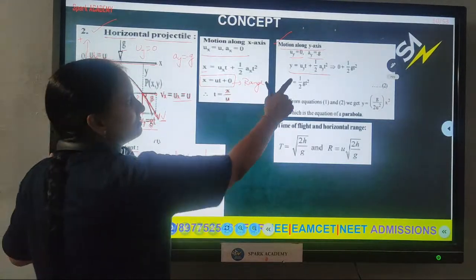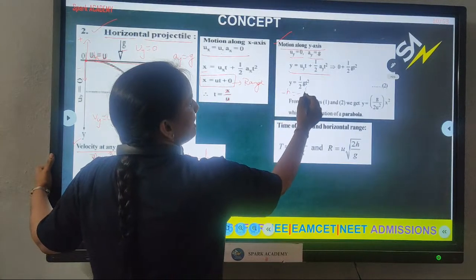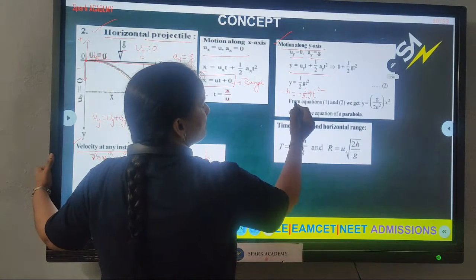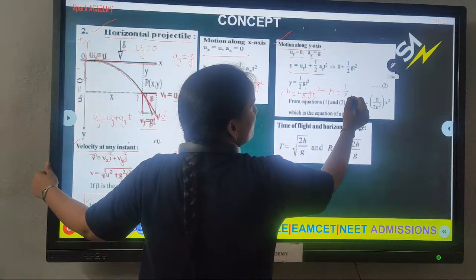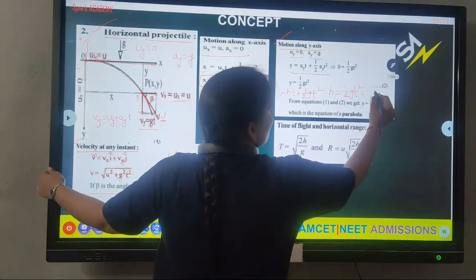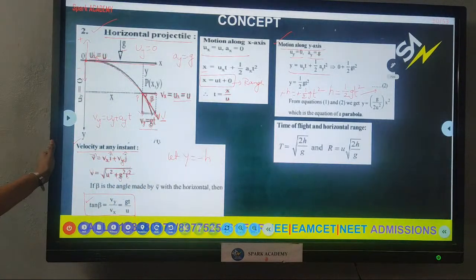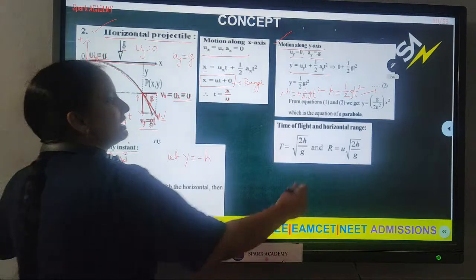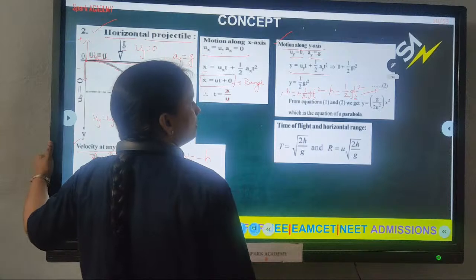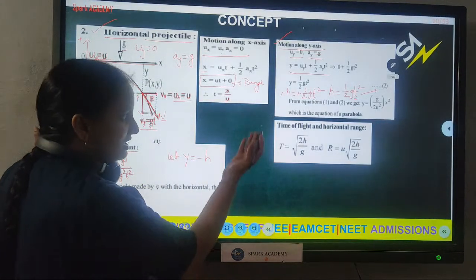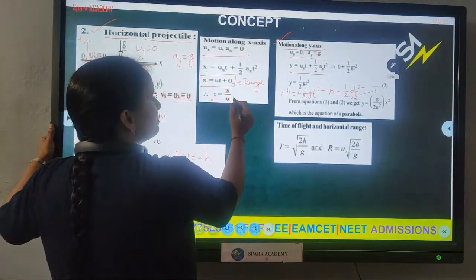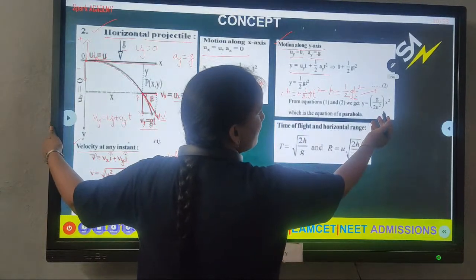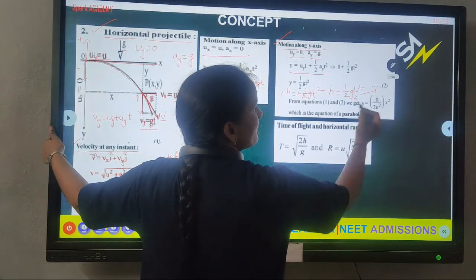So we can write here minus h is equal to minus half gt square, minus minus cancel. Then the height of the projectile will be equal to half gt square. So this is the height of the tower from where the object is projected. And if you substitute the t value, the time taken to travel that height while reaching the ground, then it becomes g by 2u square into x square.